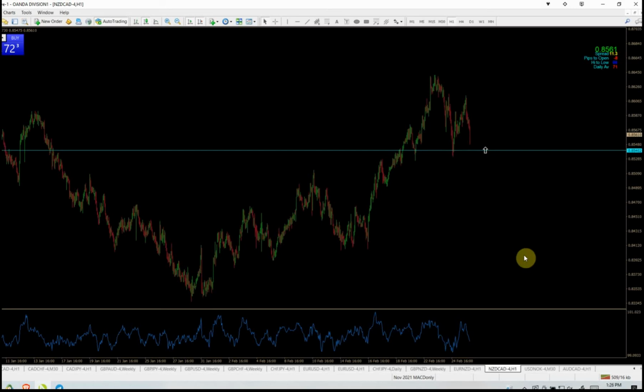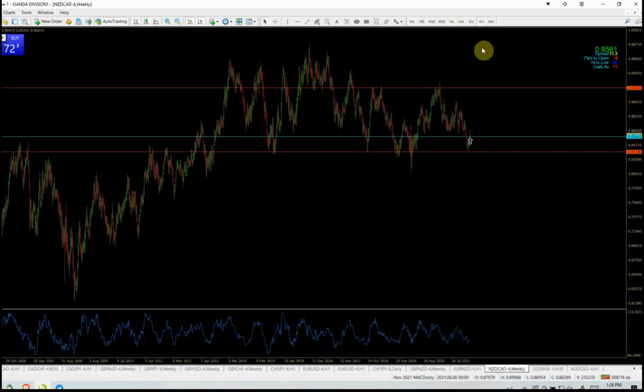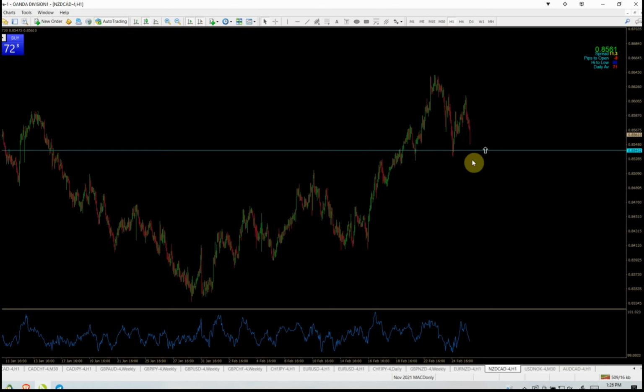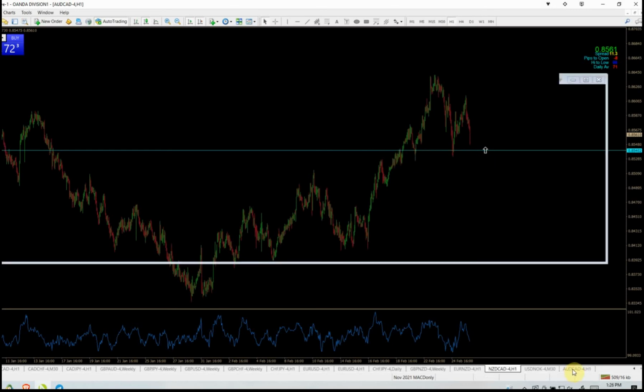So not really one of my favorite pairs, and fundamentally it's a little more tricky. But anyways, going just by the price action, this does suggest an upward bias.